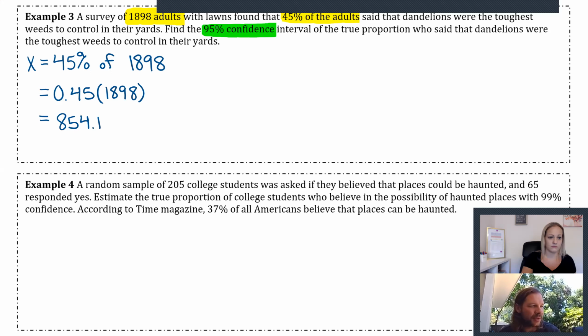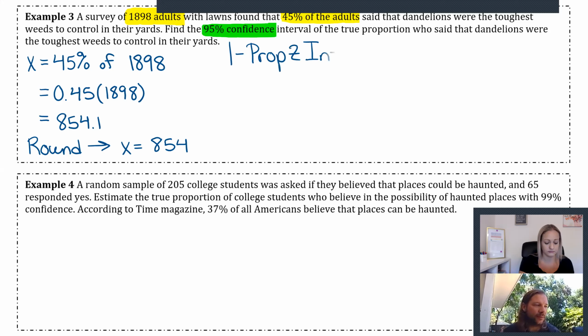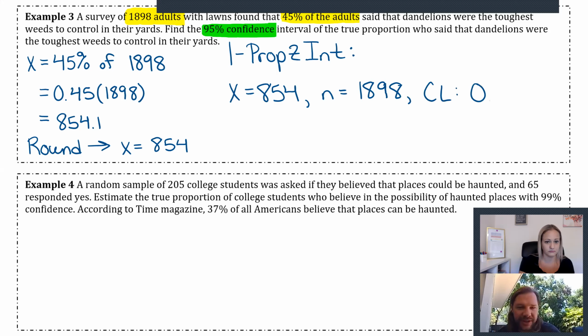Now, because we're going to be plugging this into a calculator, the one thing we should note is that it will not accept 854.1 as a number of adults. So you're going to have to round down to 854 there. And then we're going to type in one prop z interval, and we'll get x is 854, n is 1,898, and the confidence level is 95%.